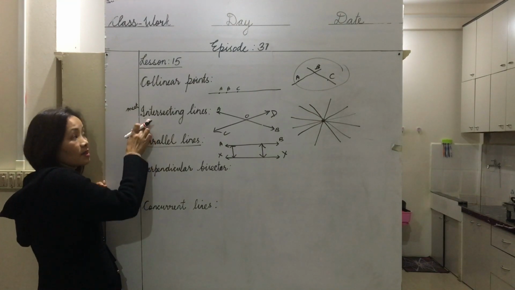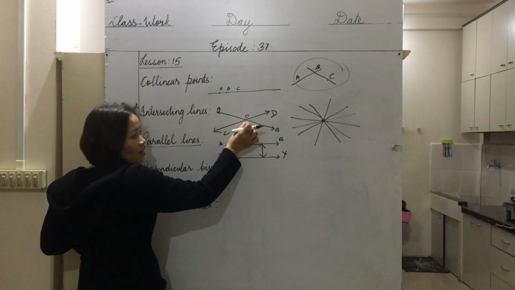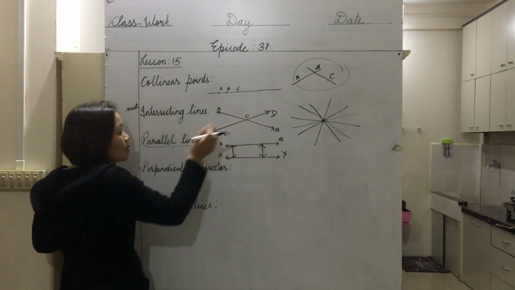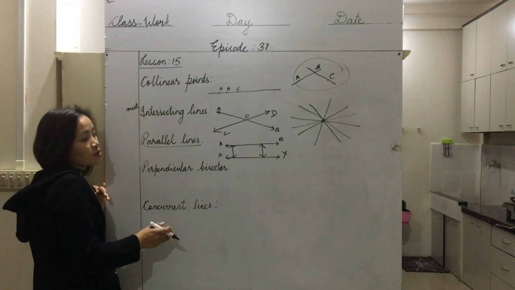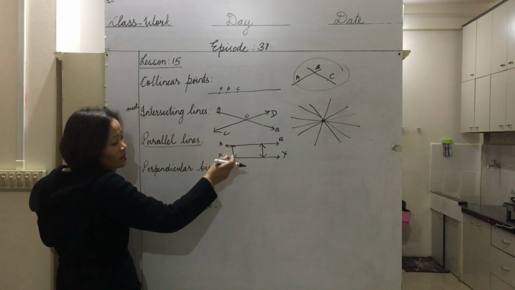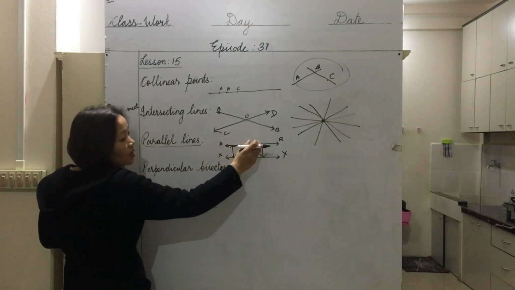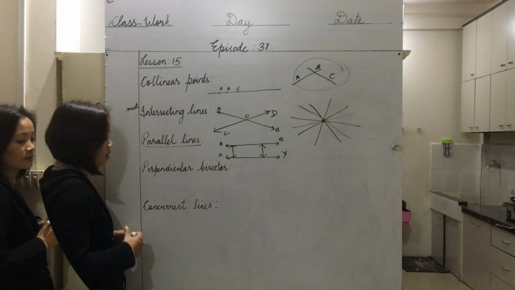So see, intersecting lines touch, meet each other at the point of intersection, but parallel lines do not meet each other. The distance between the 2 lines is the same even when they are extended.